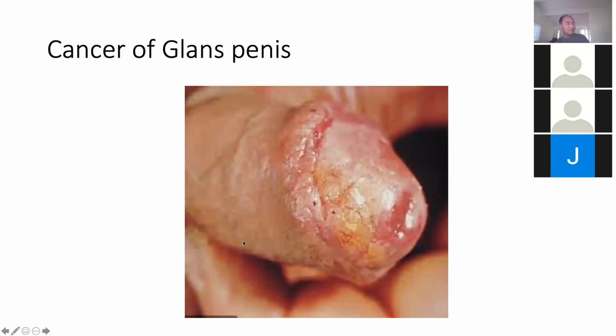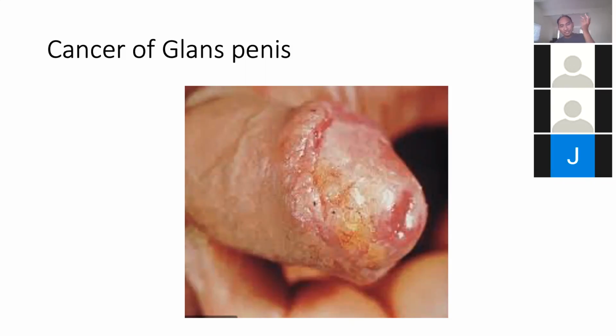Okay, this is the glans penis cancer. So cancer of the glans penis, where do we need to check? For the glans penis, the lymphatic drainage goes to the deep inguinal nodes, so we might not be able to feel it in our groin.